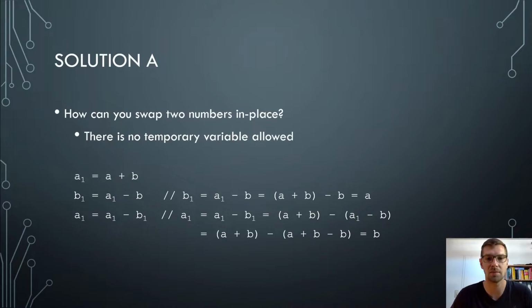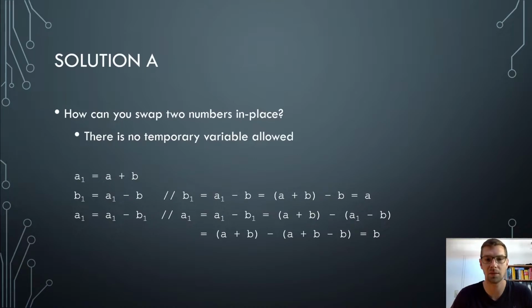Here we can say b1, or b, is equal to a1 minus b, and then we can put in a1, so it is equal to a plus b minus b, and that is equal to a, so we store a in our b variable.